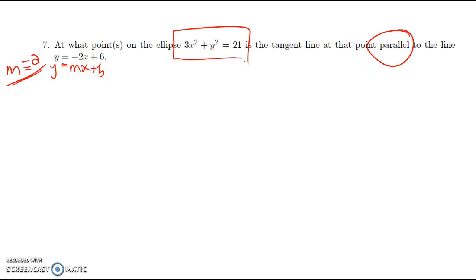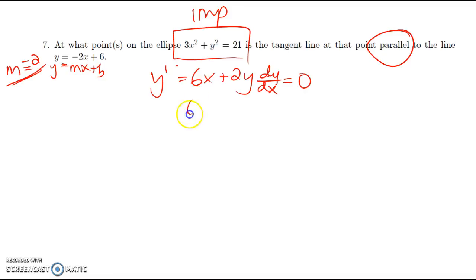So I have to take the first derivative, don't I? Implicit. The derivative is 6x plus 2y dy dx equals 0. Let's solve for dy dx.